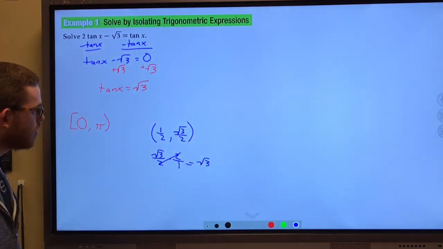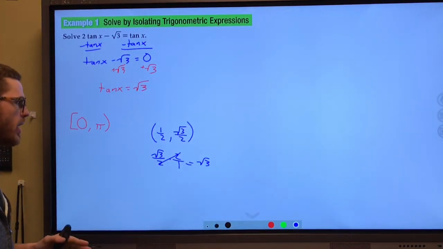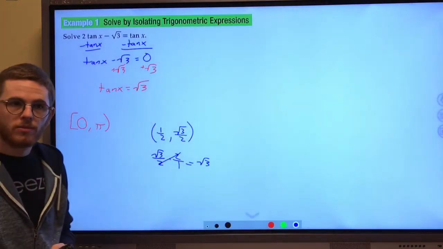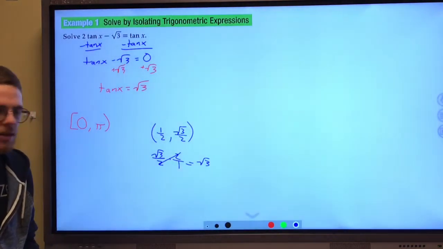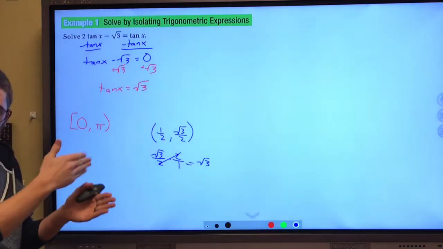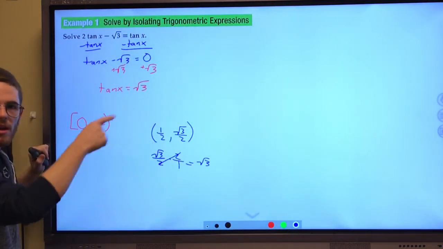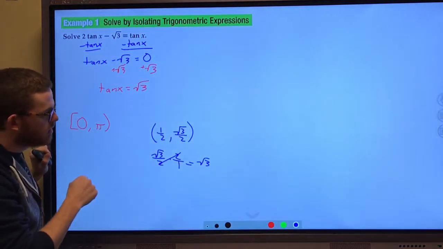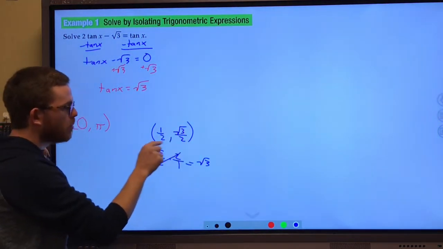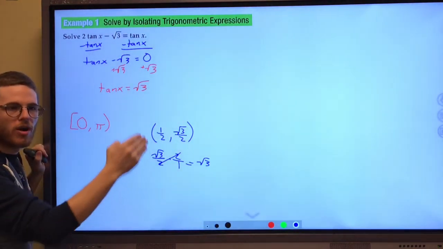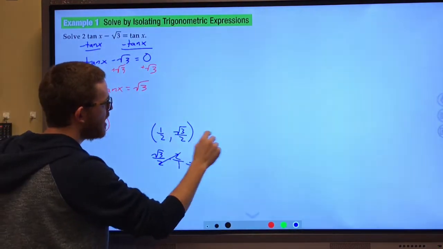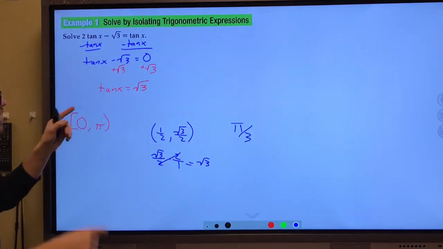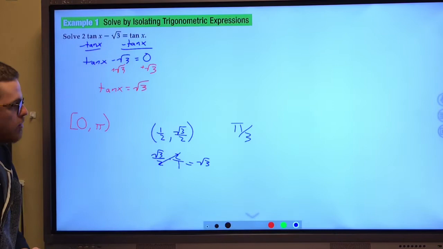So I believe it's that point right there, from 1/2, square root of 3 over 2, that is the one point within our period from 0 to pi, because we know it's just going to keep repeating with tangent every pi. And so it's that point. What creates that point, a half up square root of 3 over 2? That is pi over 3. So tangent of pi over 3 gives me the square root of 3.